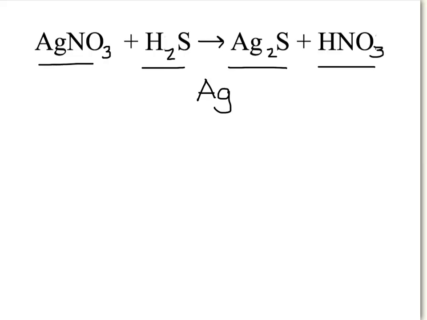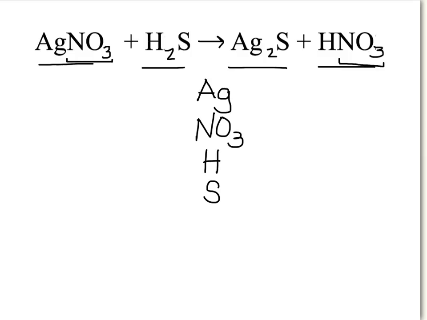Now, there's 2 ways you can do this, and what I taught my class is that if you have a polyatomic, like in this case nitrate, and it stays the same polyatomic on the right, it doesn't split up, you don't see those elements appear anywhere else, you can actually count that polyatomic as a single thing, like this. So there's 1 nitrate, and then we have hydrogen, and we have sulfur.